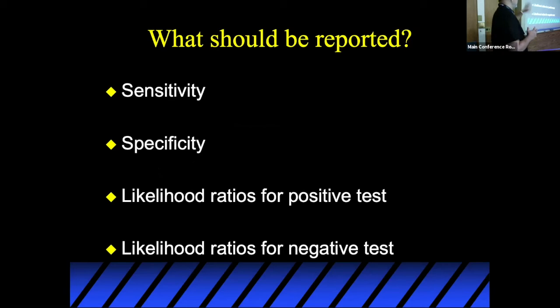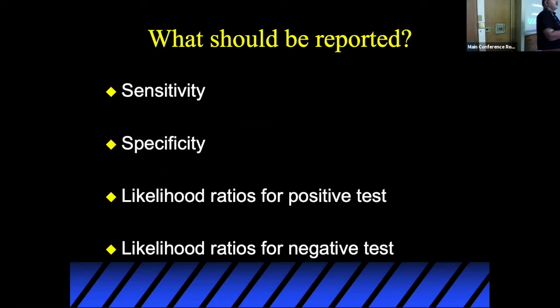So quickly, I don't want to go through the details of test characteristics, but the first two, sensitivity and specificity, are not really helpful in clinical decision making. They are test characteristics, right? If you know a test is 90% sensitive and you do it on a patient and it's positive, what is the probability of the patient having the disease?